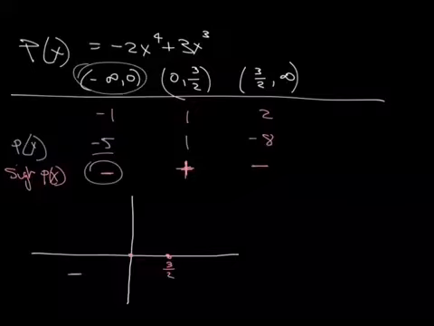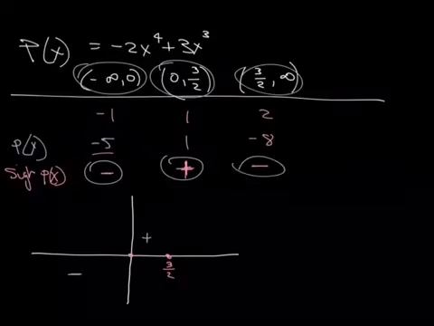That's what that sign means. Between 0 and 3/2, the sign's positive, so I know here we're above the x-axis. And I know from 3/2 to infinity, the sign is negative, so we are below the x-axis.